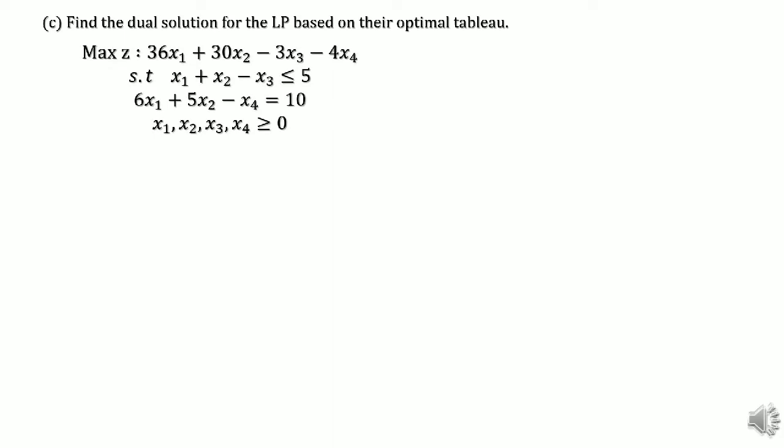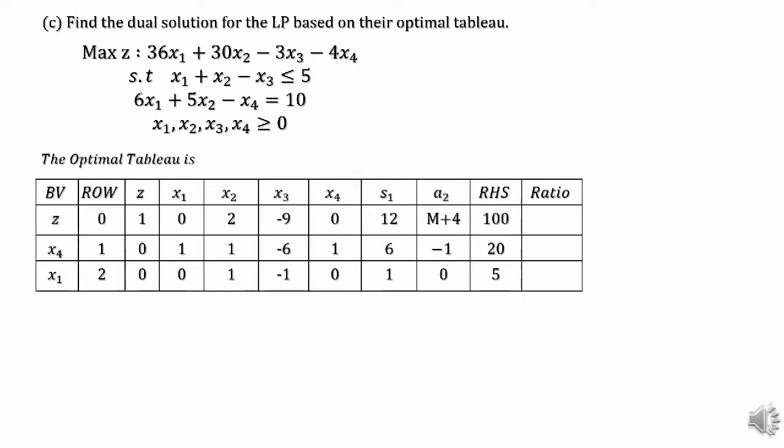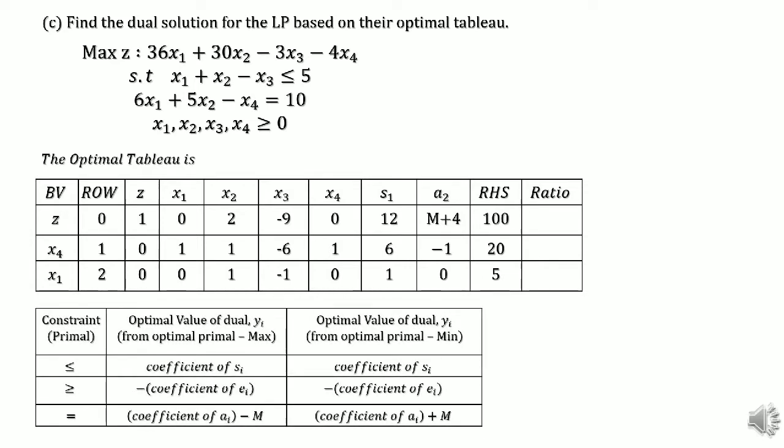We find the dual solution for each of the LP based on their optimal Tableau. As we can see, the table below is the optimal Tableau. Now, we need to find the value of W, Y1, Y2. To find the value of Y1 and Y2, we need to refer to this table. This is the maximum problem.